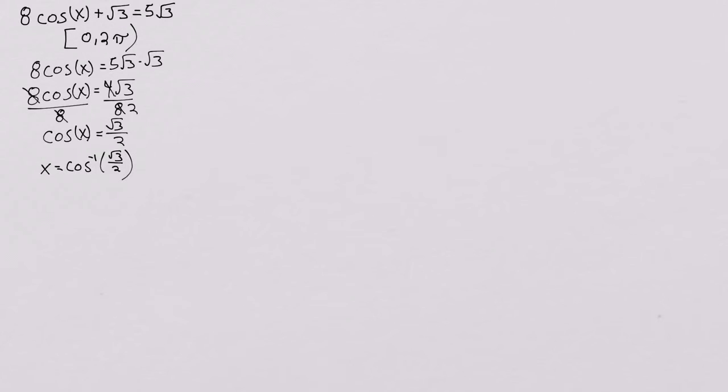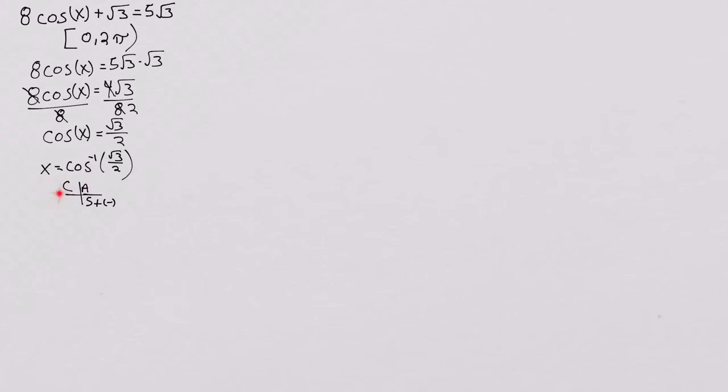And now I have something I can actually solve. Well, arc cosine of square root of 3 over 2, you have to know where to look. And of course, you have to remember CAST, C-A-S-T, where sine and tangent are negative in quadrant 4. And this time it's cosine.